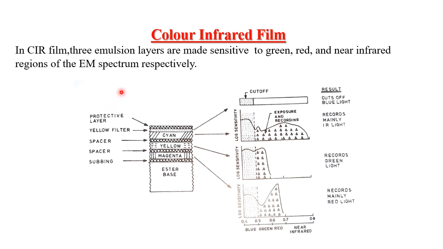In color infrared film, three emulsion layers are made sensitive to green, red, and near infrared regions of the electromagnetic spectrum respectively. Here in this diagram, of the three emulsion layers, we can see this upper layer, which is the protective layer, and a yellow filter is used to block the blue light, and this is a spacer, and this layer is subbing, and this is the basal part.